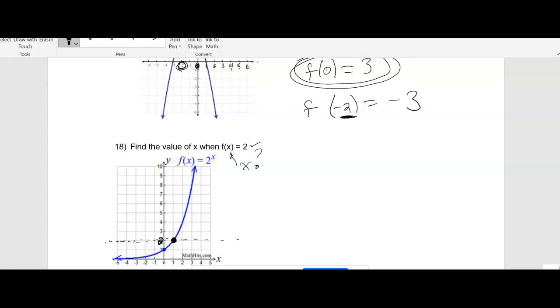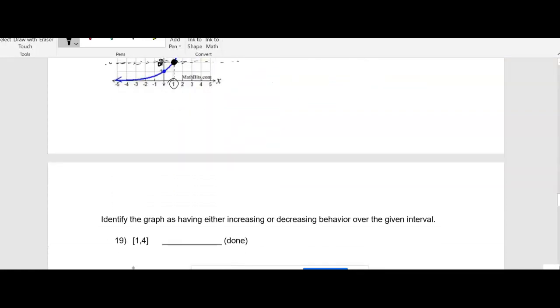That's when we cross this y value of 2. And what the question is now asking you in this format is, what is the x value at that time? So when we have a y value of 2, our x value is 1. I'm just kind of flipping it around there.